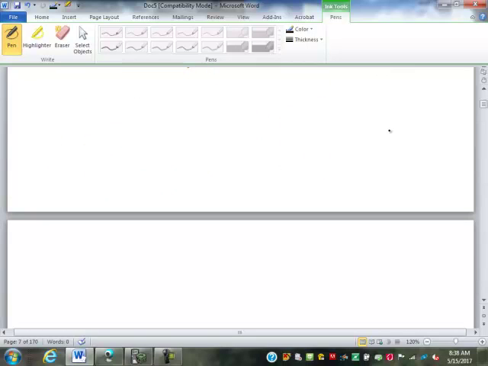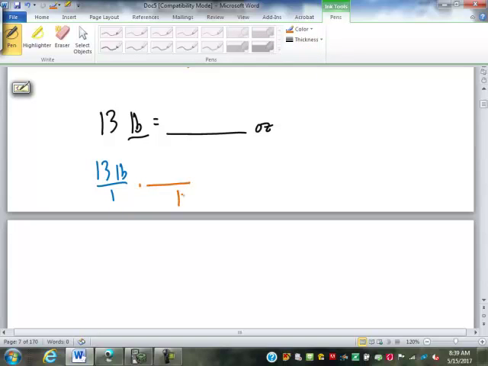Or we might have 13 pounds equals how many ounces? Same type of thing. 13 pounds, put it over 1. We're going to put pounds on bottom so they cancel out.